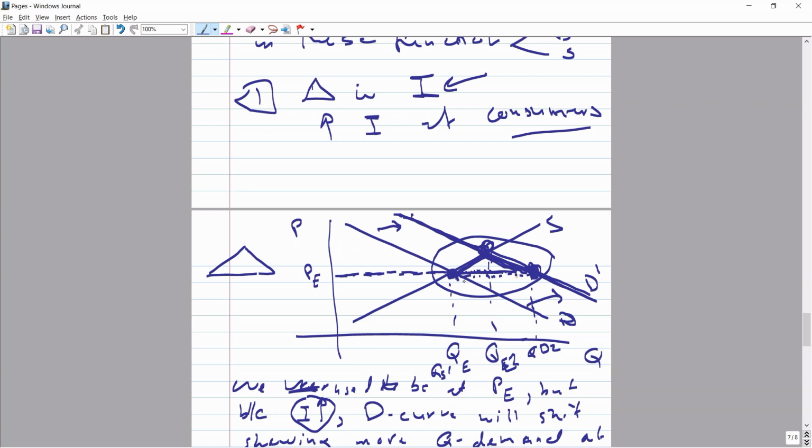Because before the change in I, they were at equilibrium, but now after we change I, the new quantity demanded is here and the quantity supplied is here. And because demand is greater than supply, this triangle came, and this will make us go back to the analysis before.